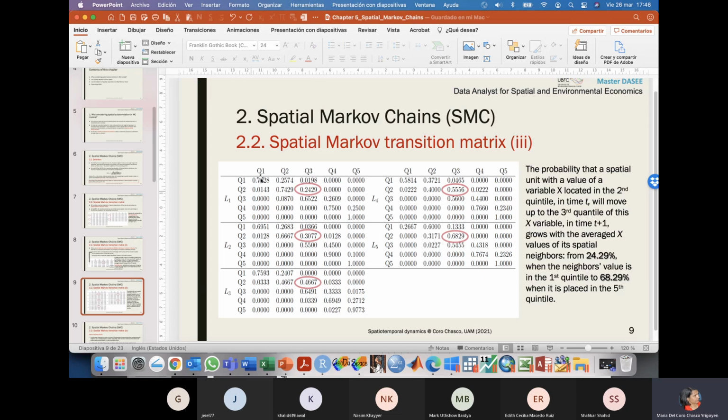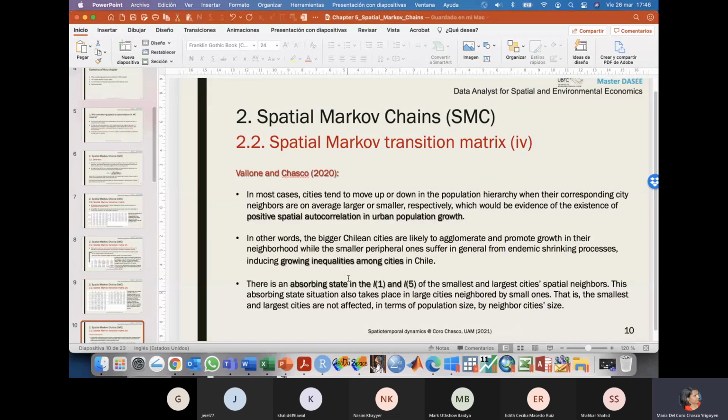Of course, remaining in Q1, being a small town, the probability is higher if they are surrounded by small towns, but it is much smaller, only 26, 27% of remaining a small town if they are surrounded by megalopolis. So this is incorrect. I will change it in the next version of the slide, sorry.